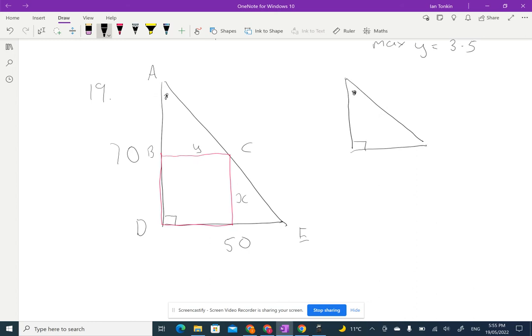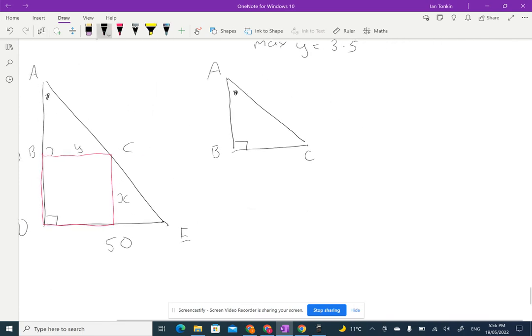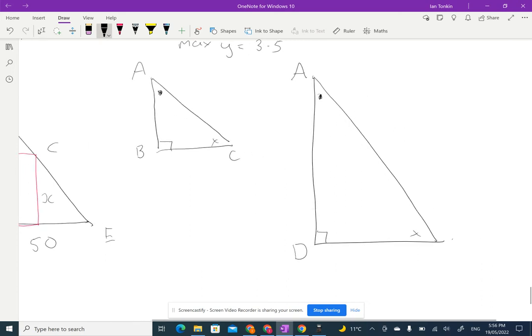That's that dot. And if you've got two angles, so this is A, B, C. Now I'm going to draw the big one. If you've got two angles, you've got all three. That's a dot because it's common. That's 90. Call that X. Well, that's X. And that's A, D, E.